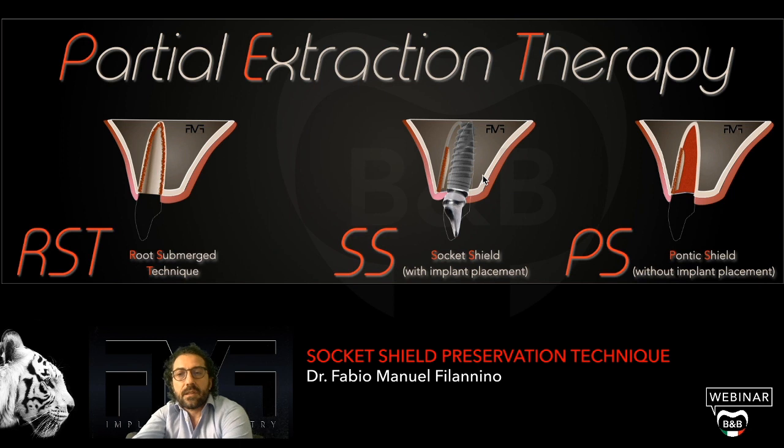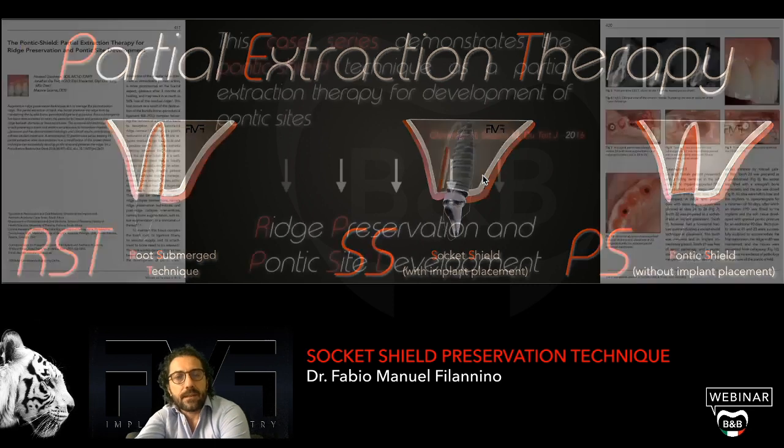In the Pontic shield, finally, we can maintain the three-dimensional architecture of the bone and the soft tissue by maintaining only the shield and cleaning all the apical area and leaving the clot or the biomaterial inside.